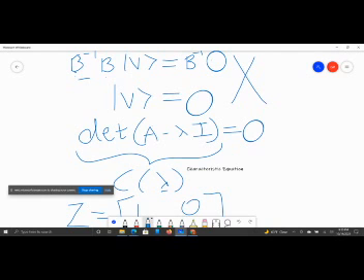Now, I'm not going to get into exactly why we do this, but maybe for some intuition, you could think about this. The determinant for a 2D matrix is essentially this. And I'll show you what that means in a second. We'll do an example.